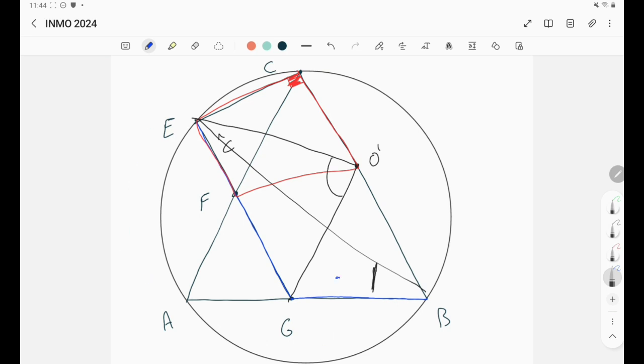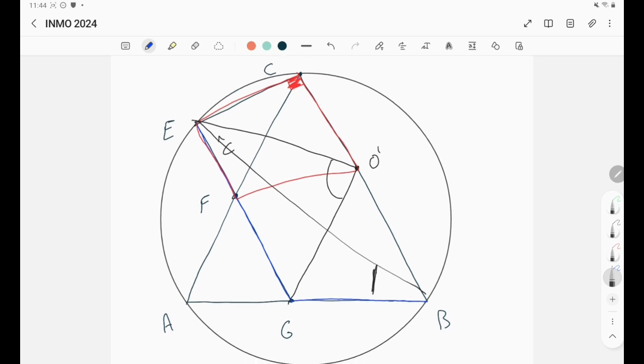So this angle here is 180 minus 2C. Because this thing is isosceles, that means this thing indeed is C, and the other one is C as well. So yeah, guess what? Our prediction was correct. If we can show that this point lies on the side, then we're done. So now this is our new goal, as you can see.